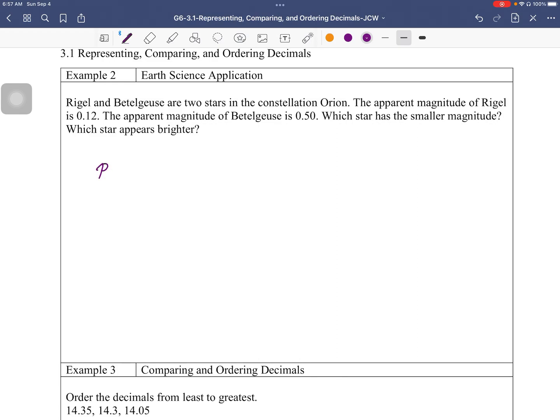So number one, I have Rigel, this is 0.12. Then I have Betelgeuse, 0.5. Okay, so let's compare.